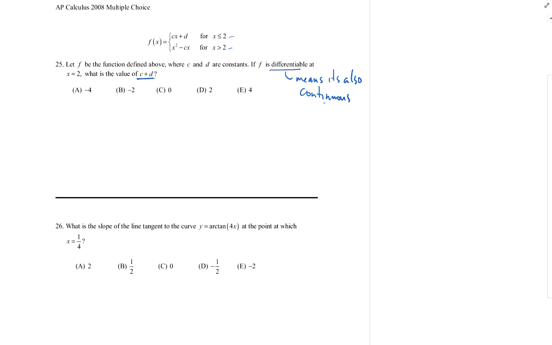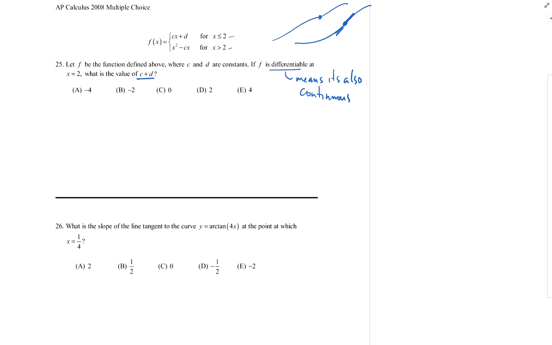So if it's continuous, if I plug in 2 into both of these, they'll be equal, because the top function and the bottom function have to meet. And if it's differentiable, they have to meet smoothly, which means the derivative of the bottom one has to be the same as the derivative of the top one.